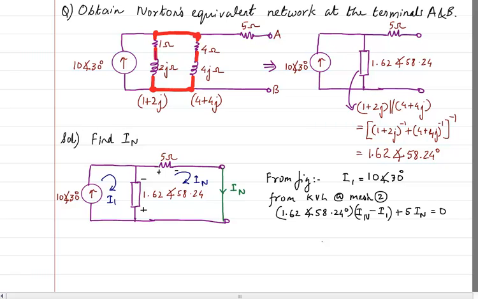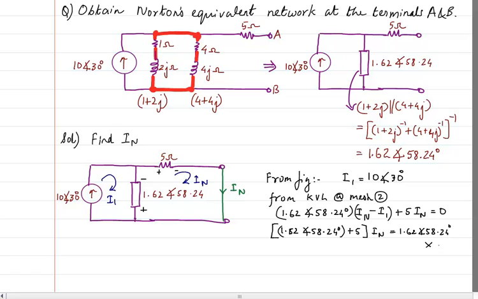From which I can write the IN components together. So I get (1.62 angle 58.24 degrees plus 5) times IN, and I take the minus I1 term to the other side. So it is 1.62 angle 58.24 degrees into I1.